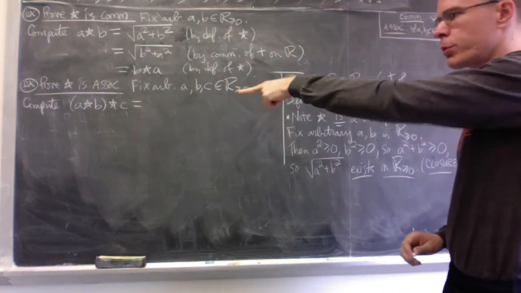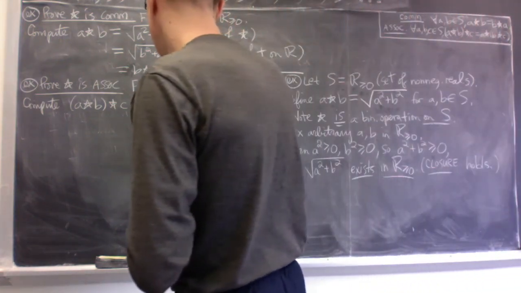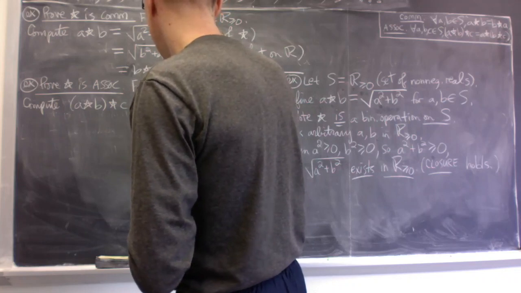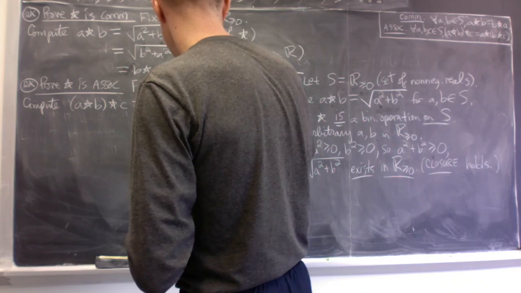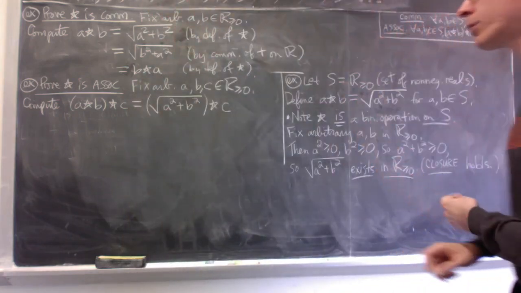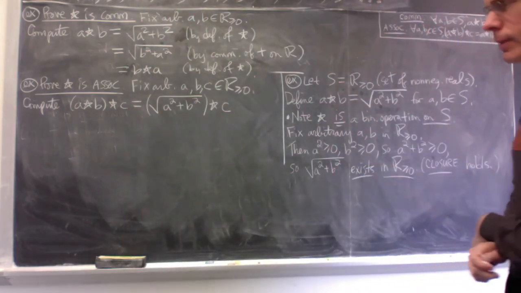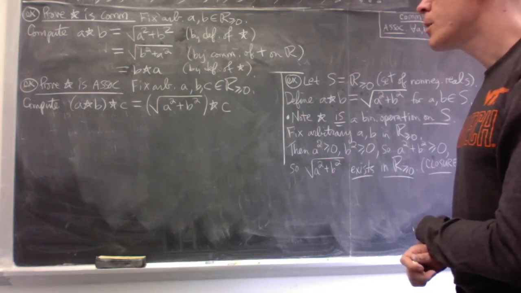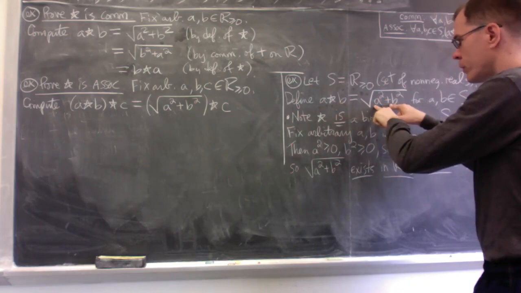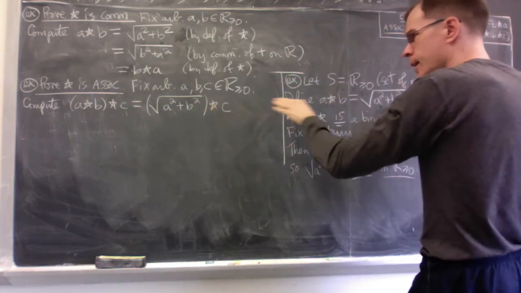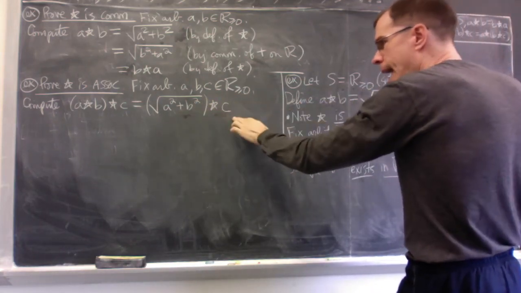So for this, first we're going to do A star B. So root A squared plus B squared. Star that with C. By definition of star, we don't necessarily have to write that reason every time. But now, all right, so it's tricky. So once you get an expression in there, you have to look more closely. So what do I do to this to get this star that?